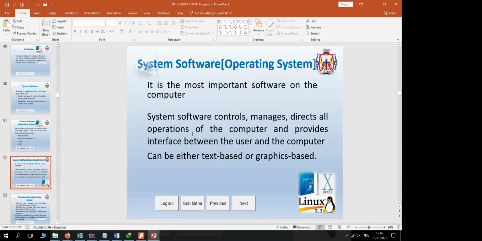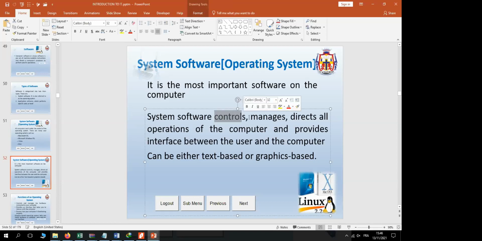Now, if you're asked what are the functions of the operating system, it manages operations, it controls operations, it supervises, it creates or provides an interface between the user and the computer. It's another function, okay?